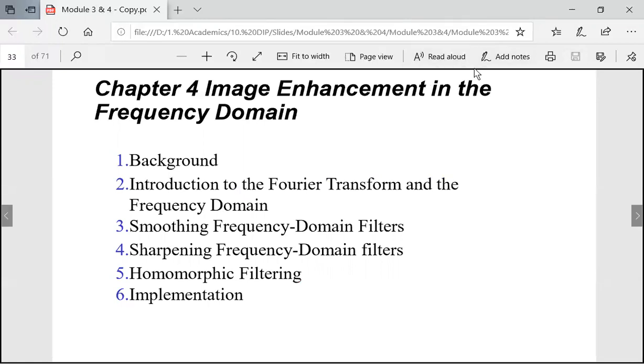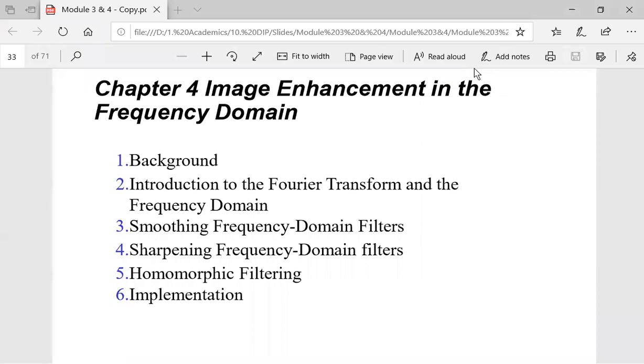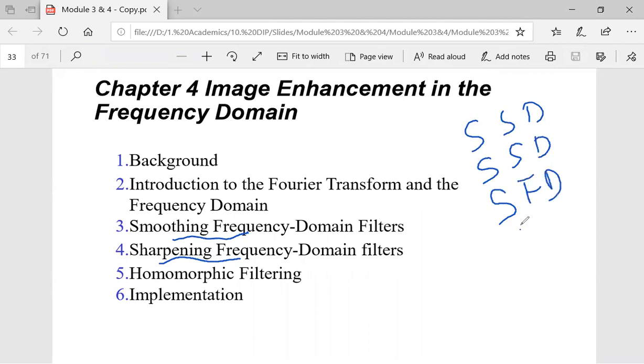In the last session, in module 3, we also learned smoothing and sharpening, that is, smoothing spatial domain and sharpening spatial domain. Here it is smoothing frequency domain, then sharpening frequency domain.